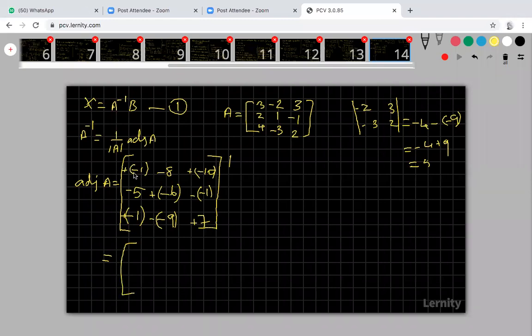So if you multiply by plus, what is the answer? Minus 1. Here it is minus 8. The next one is minus 10. And minus 5, and minus 6 plus into minus, minus 6. This is minus into minus, plus 1. Here also minus 1. Here it is plus 9. Here it is 7.